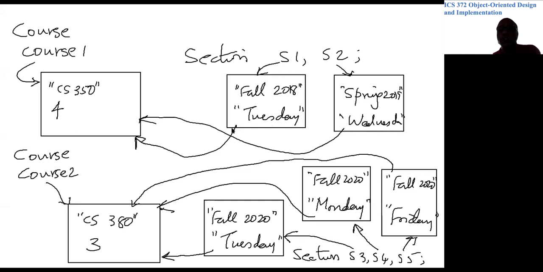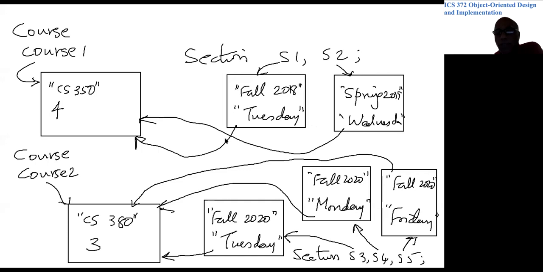So we have objects sitting here. All these rectangles are objects. This particular rectangle for CS350 represents 1 object. This represents section S1. This represents section S2. And to make clear that this is the section for CS350, we store the reference to this object over here.